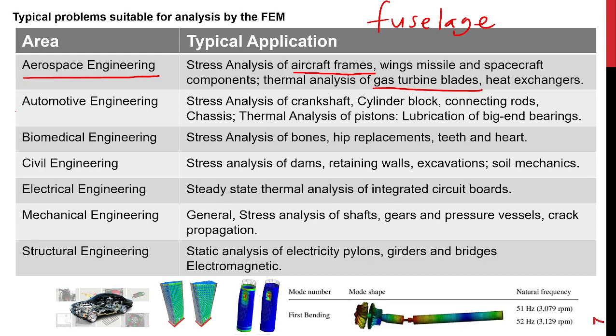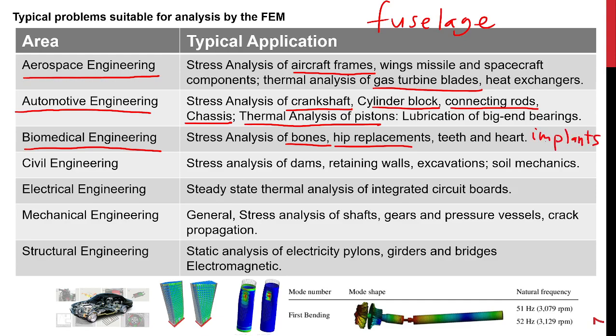In the automotive industry, people are studying crankshafts, cylinder blocks, connecting rods, the chassis rigidity, whether your chassis is bending too much or not, the torsional rigidity of the chassis, and thermal analysis of the pistons. A lot of things. Even in biomedical engineering, we are studying bones, hip replacement, implants.